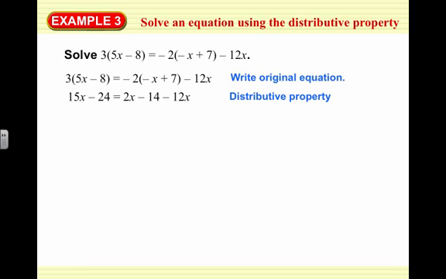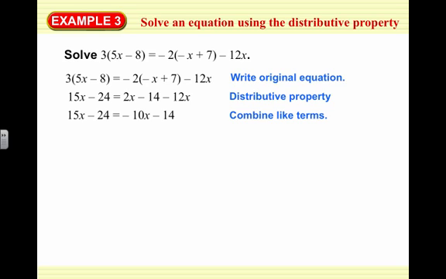So we're going to get 15x minus 24 equals negative 2 times negative x is just 2x. Negative 2 times 7 gives us minus 14, and then we just write down the minus 12x since it was not multiplied by anything. Now on the right hand side we need to combine like terms. We need to do 2x minus 12x is negative 10x. So the left hand side stays the same.